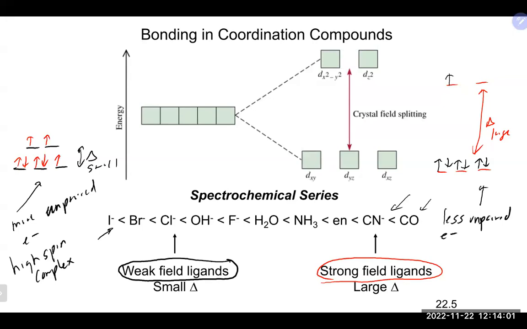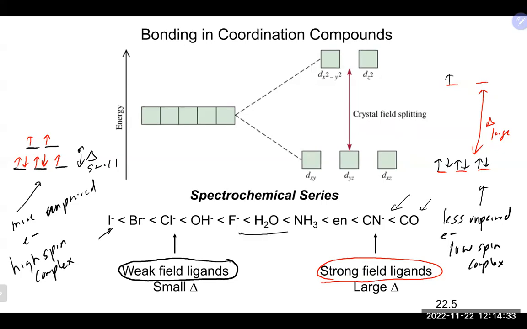And fewer unpaired electrons result in what is sometimes referred to as a low spin complex. A low spin complex means you actually have more paired electrons than unpaired electrons. So sometimes in problems, they'll say, draw the diagram for the high spin complex or draw the diagram for the low spin complex. And basically that relates to the splitting of those orbitals in terms of the energy difference.